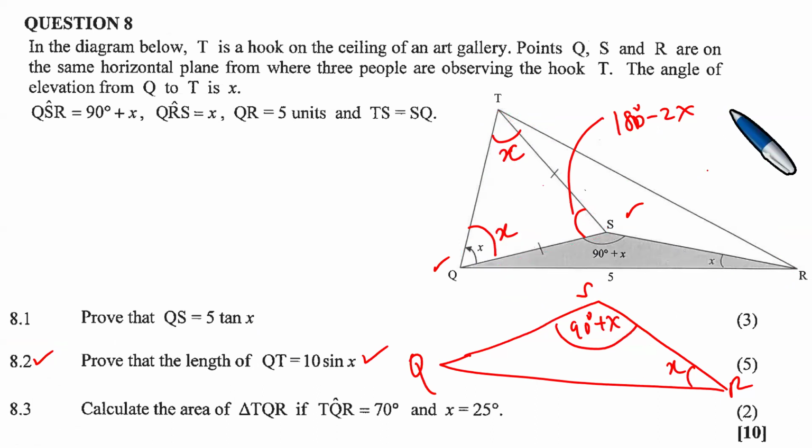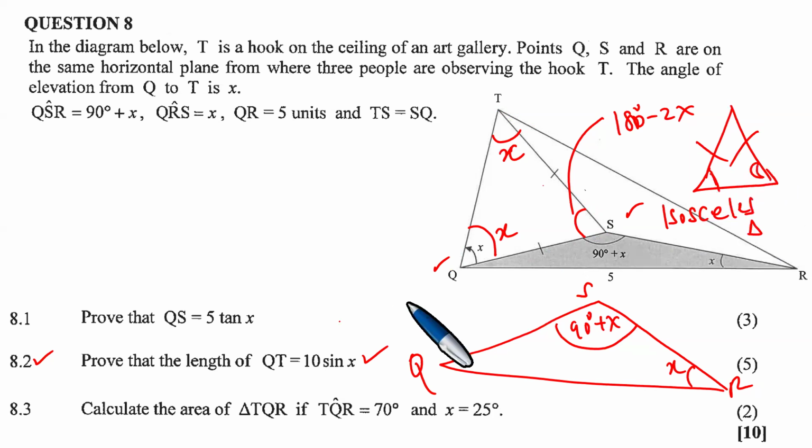That is called an isosceles triangle. An isosceles triangle means that you have two adjacent sides equal, but also the base angles become equal to each other. Right, so we're good.